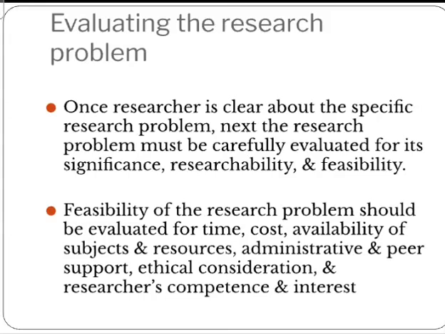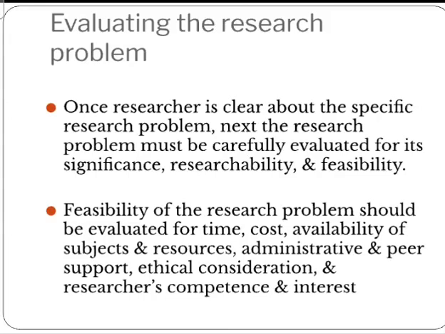The next one is evaluating the research problem. Once your topic is delimited or specified, then you have to check all the criteria we have discussed before. Is it applicable for your research problem? So once the researcher is clear about the specific research problem, the next step is to carefully examine the research problem for significance, researchability, feasibility.